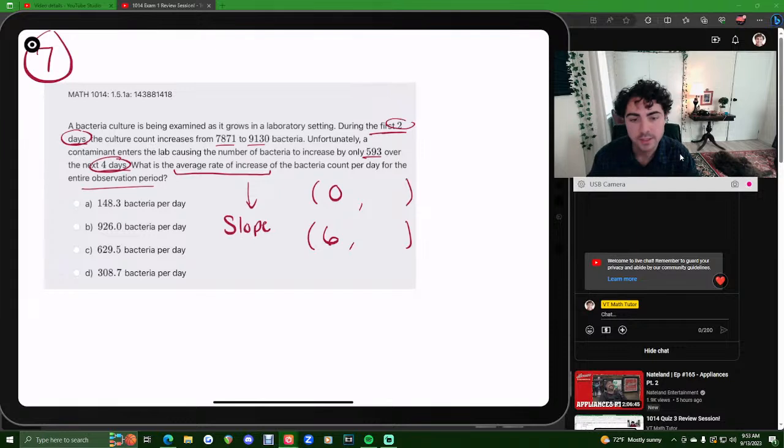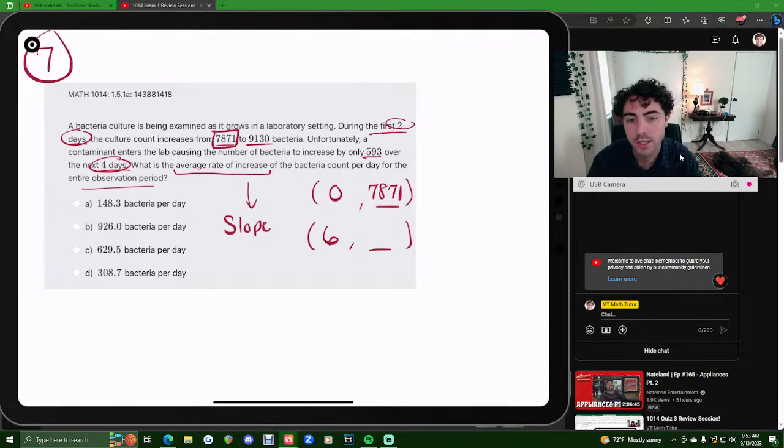So you'll see what I'm doing is constructing 2 ordered pairs of the form t comma, I guess like population or culture count, whatever. And so we want to know what's the culture count at the start, what's the culture count at the end of the 6 days. So at the very, very start, they tell us during the first 2 days, it increases from this to that. So 7871 is the starting value.